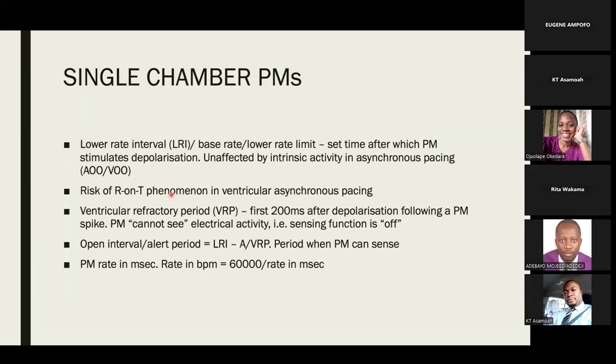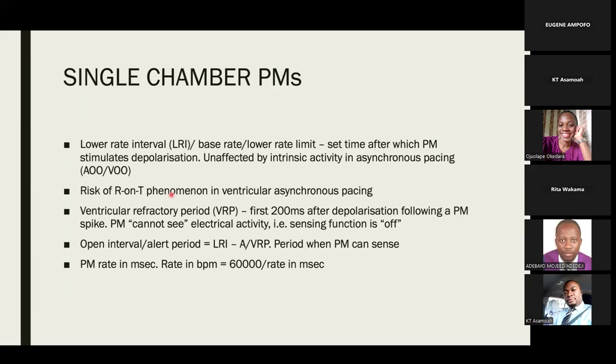Now, the lower rate interval just tells you that at this time, send an impulse, and that is it. So this is what happens typically in the asynchronous modes. Once you have that lower rate interval, it is firing. But we all know that when you have ectopics, and we discussed ectopics, I think, yesterday, when you have ectopics and it occurs on the T wave, there's a risk of ventricular fibrillation due to the R-on-T phenomenon.